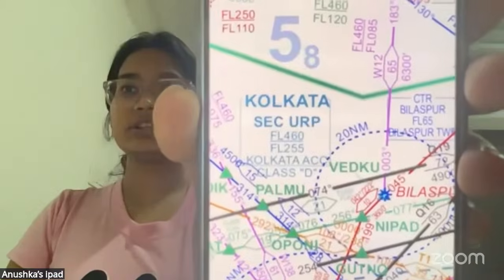Just below Kolkata, it's SEC. I'll tell you. So are you on this chart? ERC, VECF, oh, VABF. Okay.